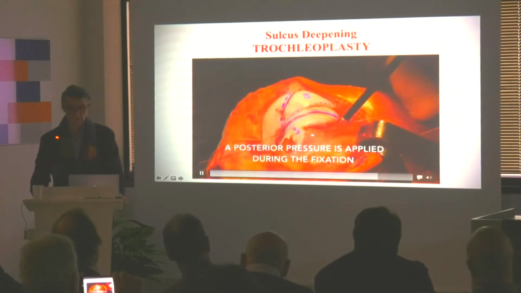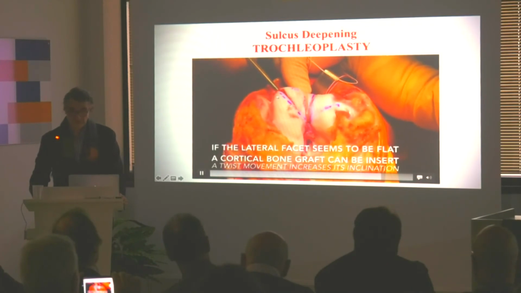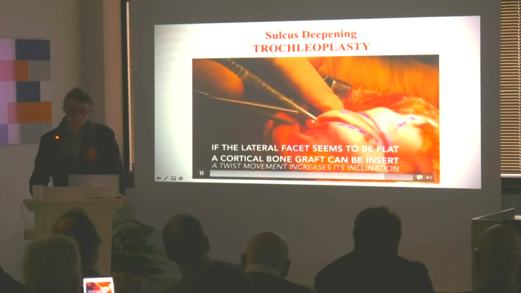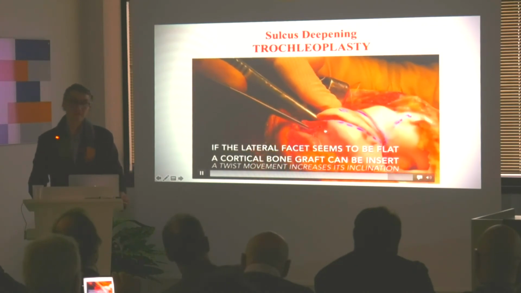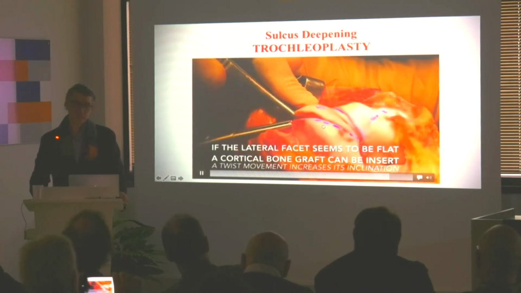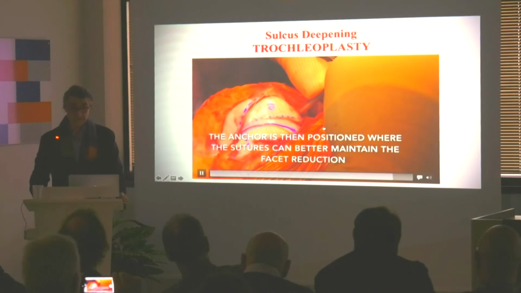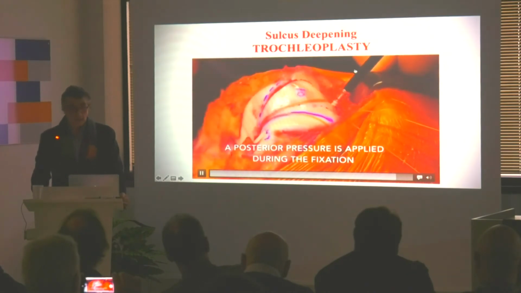And I put one anchor. On the lateral facet, you can lift a little bit the lateral facet, and sometimes you need to graft it a little bit, so you will increase the correction of your trochlea with a little bit of graft, and it works well, but it's not always necessary.